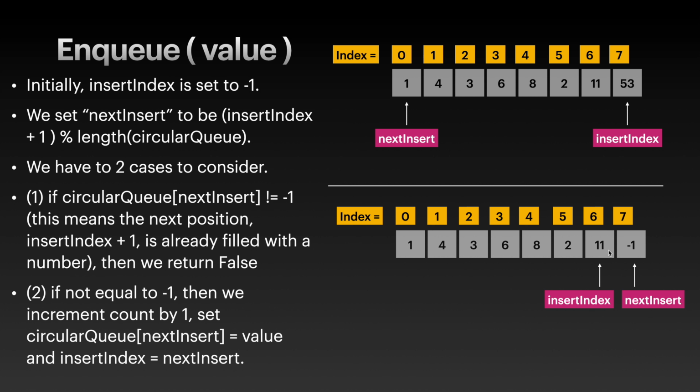Now we notice that insert index is 6, and the next insert is 7, and we notice that this is -1. That means we have not yet inserted any number, so we can set this value to be whatever value we have in our parameter, and then we change insert index to be next insert, and we also have to increment our count variable by 1.